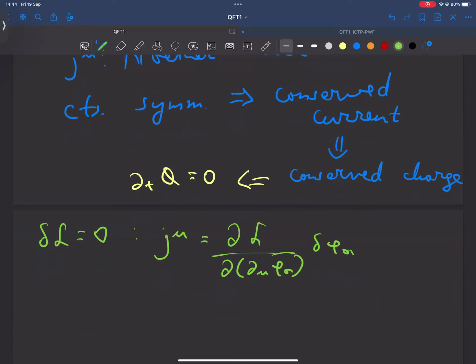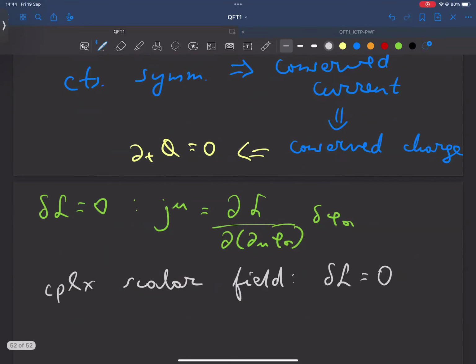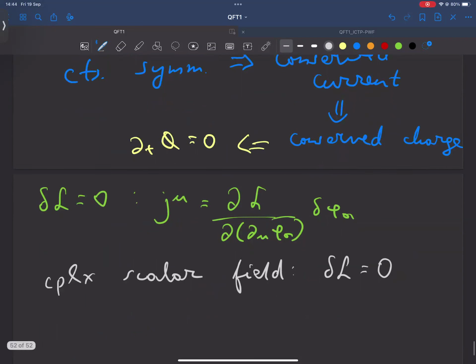So this way of deriving Noether's theorem is very useful when the Lagrangian is also invariant, not just that the action is invariant. It's not a total derivative, it's just invariant. For the complex scalar field case, you can derive J mu in this way and you will get exactly what we had gotten, because there you can show that delta L is indeed 0. So this directly gives you the current in the easiest way.